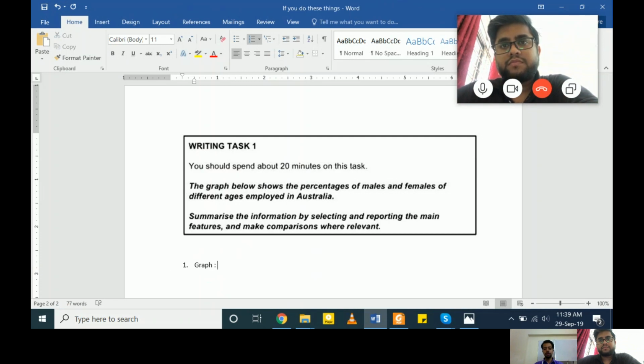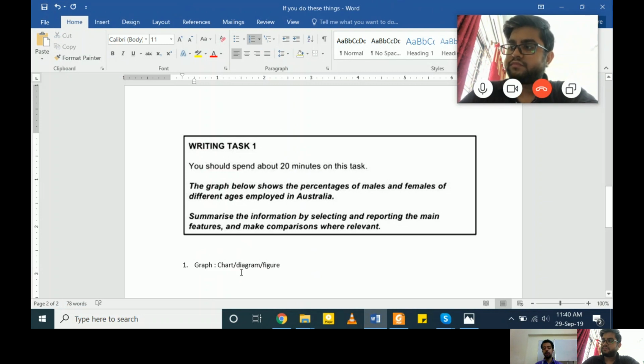What are the possible synonyms of this word? Here you can write chart. Second, you can also write diagram. Pictorial is not appropriate here at this stage. Chart, diagram, figure. So the graph below, the chart below, okay?